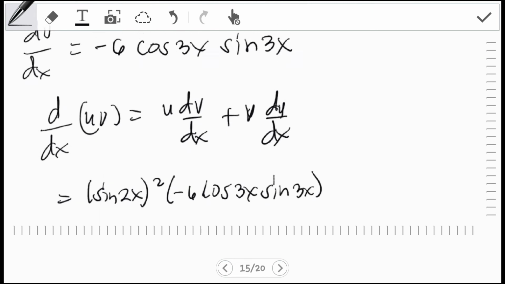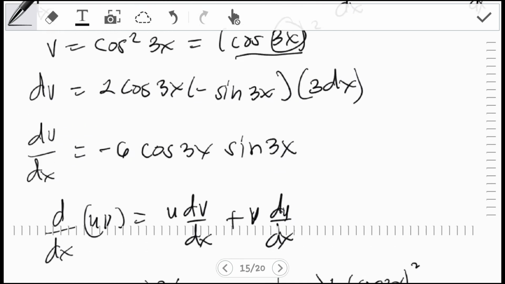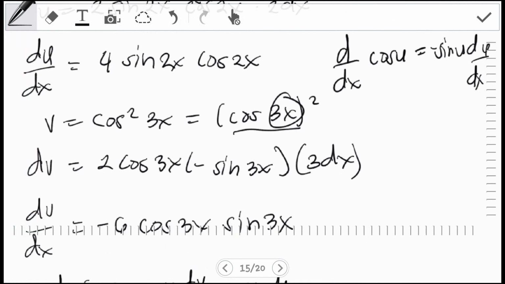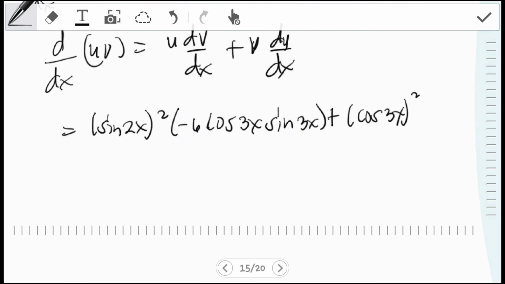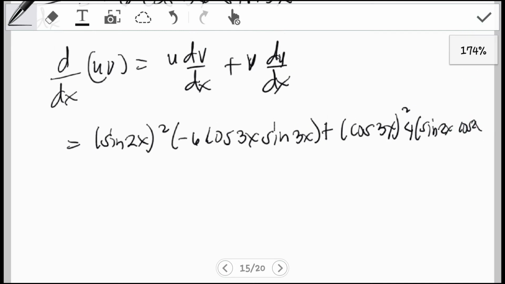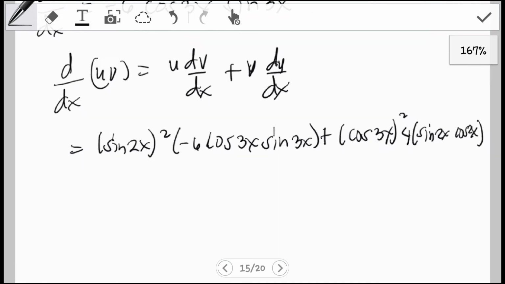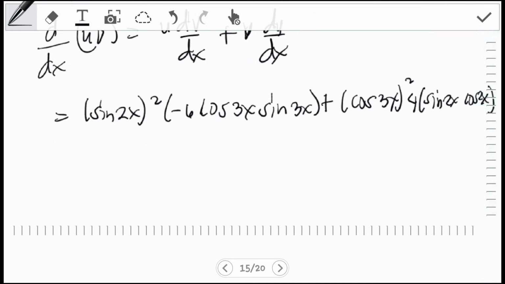Okay? Then plus, where v is the quantity of cosine 3x to the power 2, then du over dx is equal to 4 sine 2x cosine 2x. Okay. And then simplify.